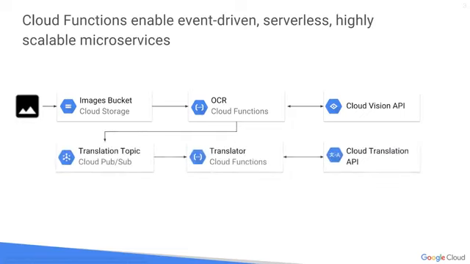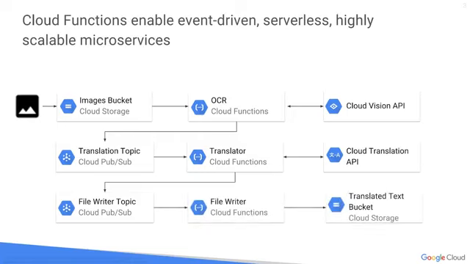The Translator Cloud function, triggered by the Cloud PubSub topic, invokes the Google Cloud Translation API to translate the text. It queues up the translated text in the FileWriter topic in Cloud PubSub. The FileWriter Cloud function writes the translated text for each image as a separate file in cloud storage.